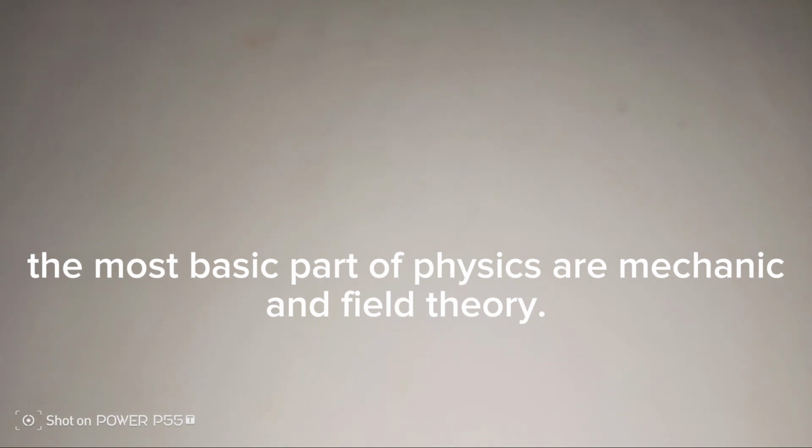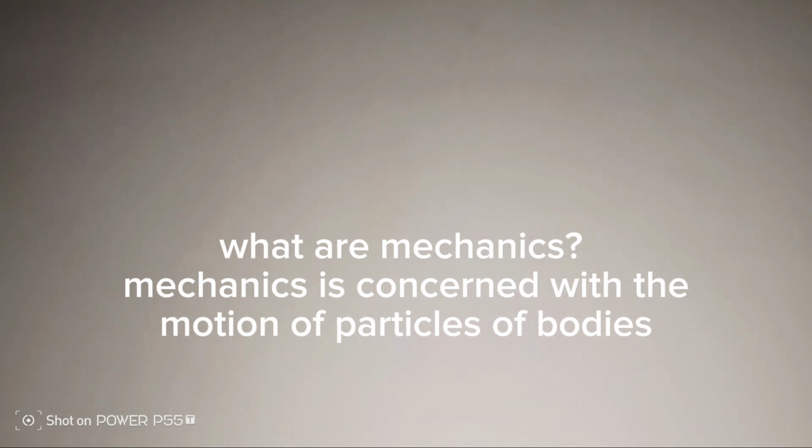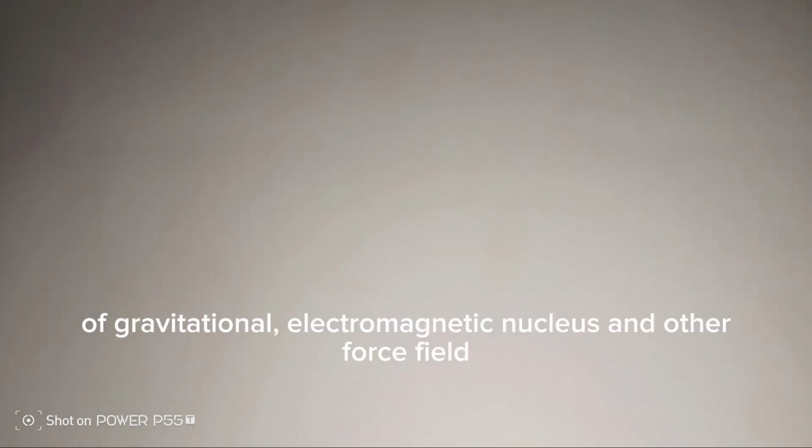The most basic parts of physics are mechanics and field theory. What is mechanics? Mechanics is concerned with the motion of particles or bodies under the action of given forces, while the physics of fields is concerned with the nature and properties of gravitational, electromagnetic, nuclear and other force fields.